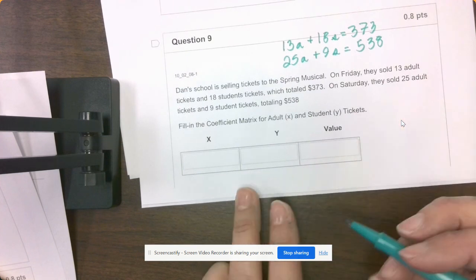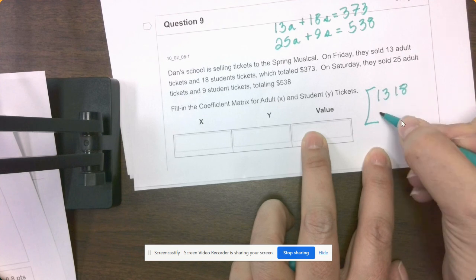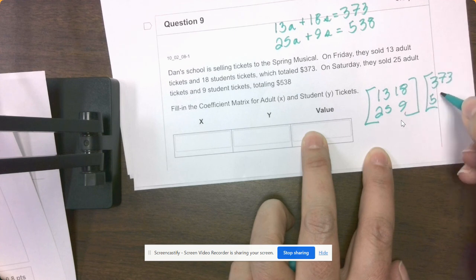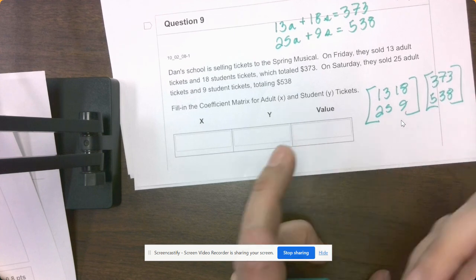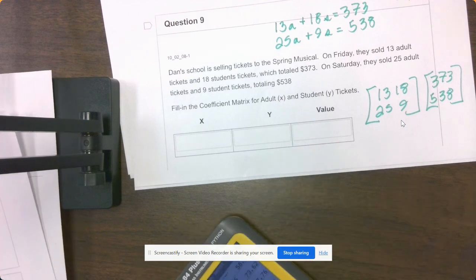So we're going to do the same thing with the matrix. So 13, 18, 25, 9. Same thing as we did with the last one, everybody. We're just going to put those in. And we put those in, everybody.